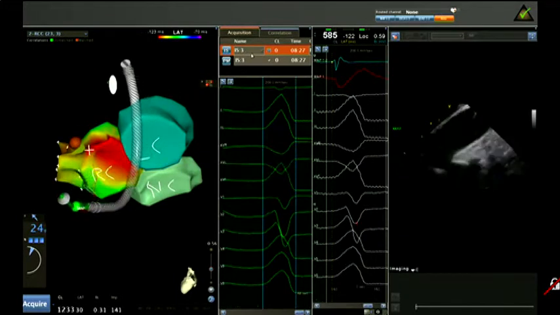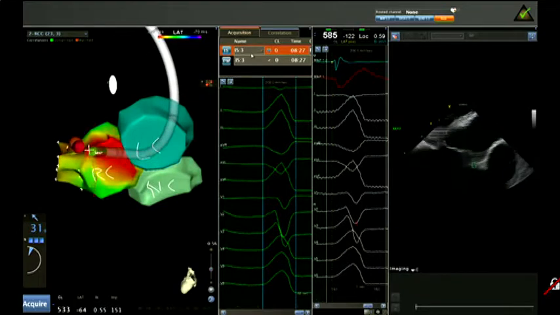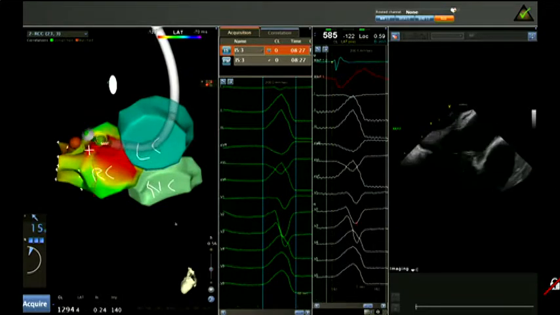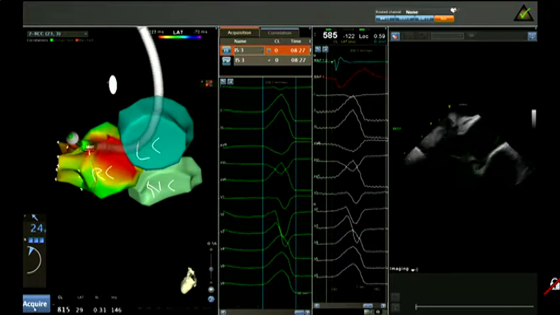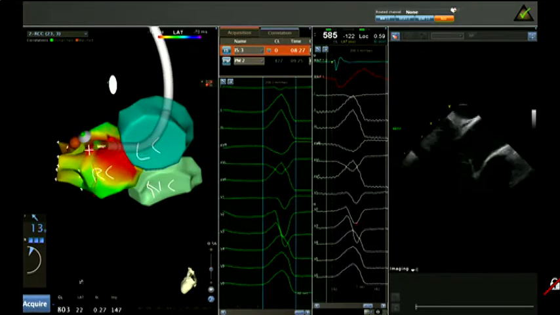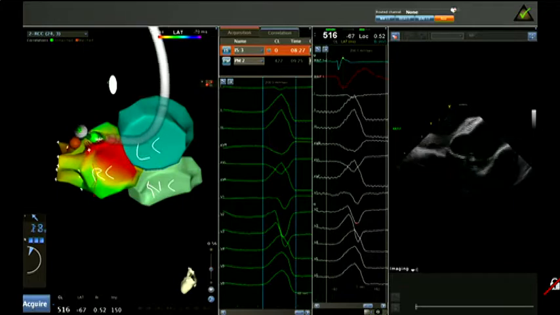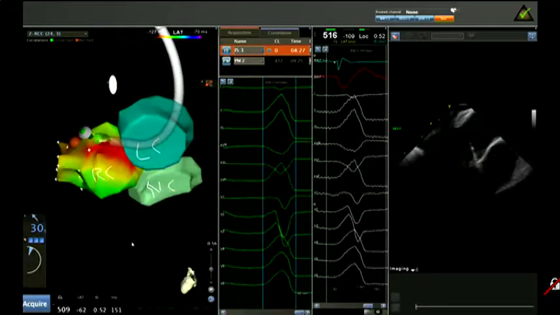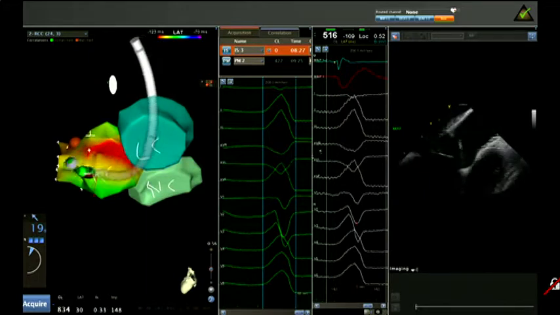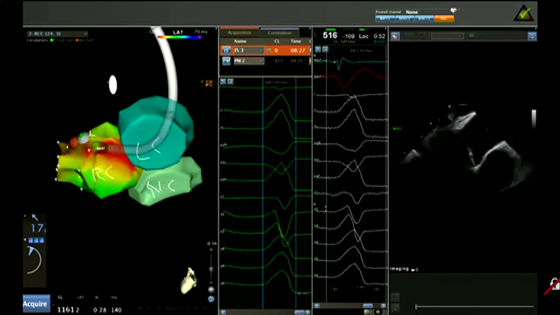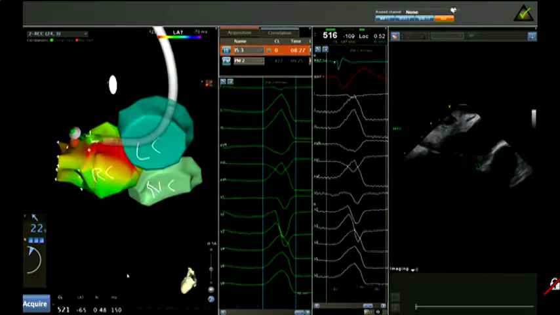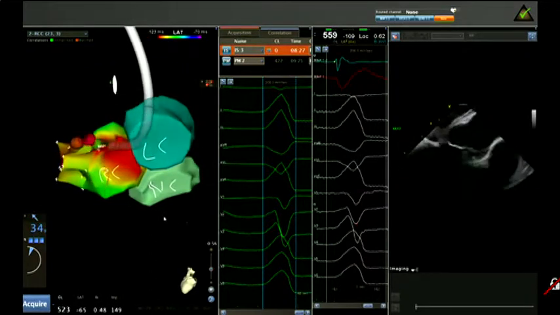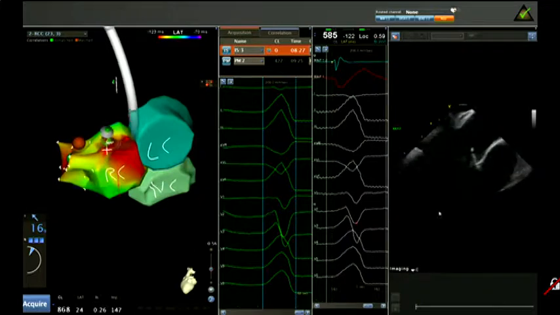Well, there is a suggestion here that you should have mapped the right side first. That is the opposite side, the septal side of the RVOT. Because of ease, you place the catheters on the left, but you don't take much time.